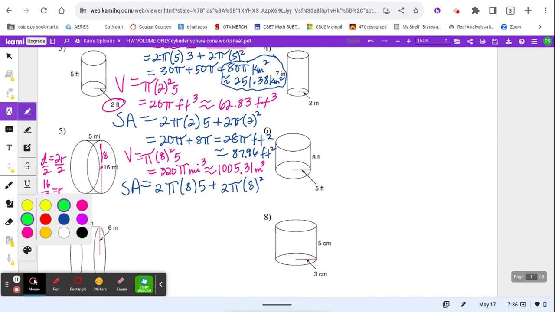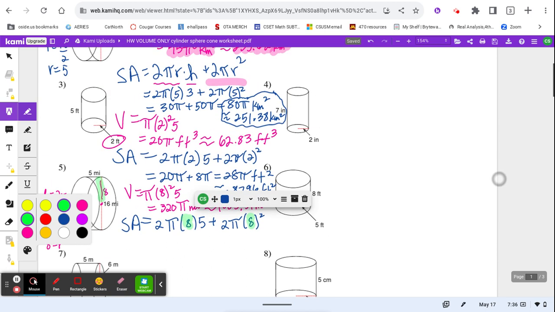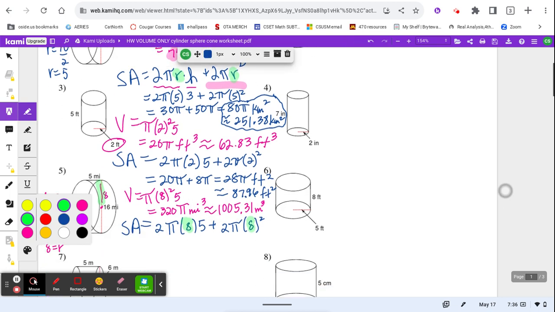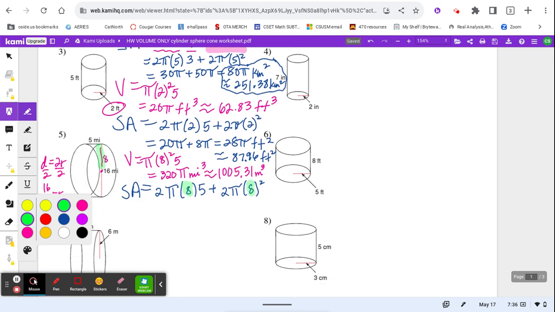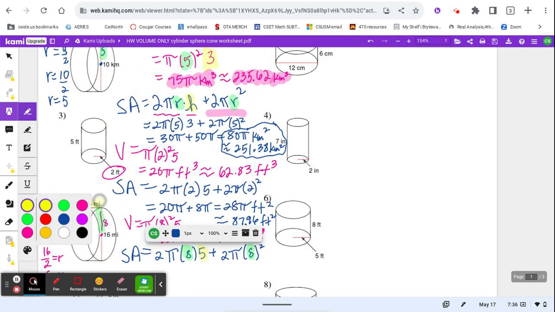My radius was 8, so I plug it in here and here. See the radius plugged in here and here in the formula. And then our height gets plugged in at the front part right there.